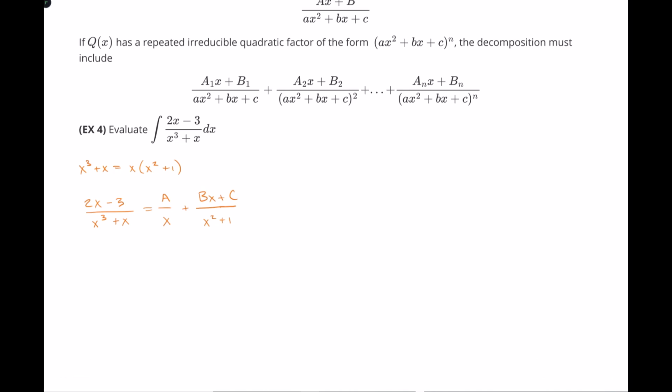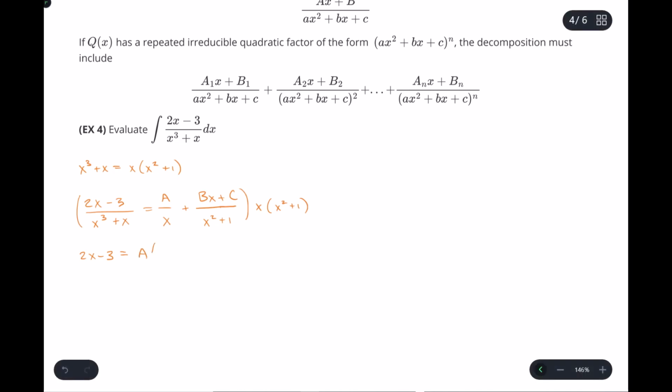So that gives me three coefficients that I need to solve for, and the process I start with is still the same. So multiplying everything through by that denominator, which on the left-hand side, of course, cancels out the denominator. So I'm left with 2x minus 3 there, equals a times x squared plus 1, because the x cancels.